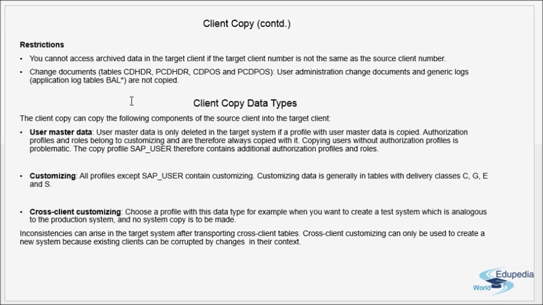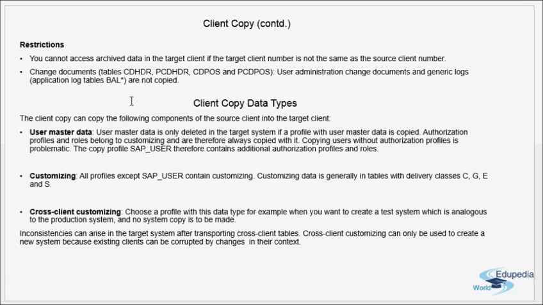First thing is the user master data. User master data is only deleted in the target system if a profile with user master data is copied. Authorization profiles and roles belong to customizing and are therefore always copied with it. Copying users without authorization profiles is problematic.